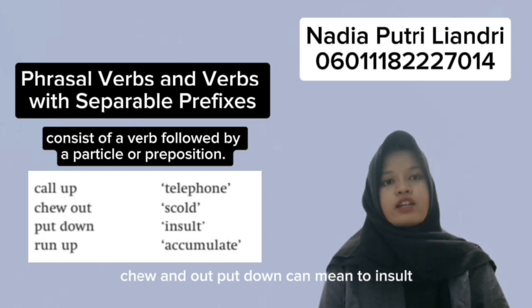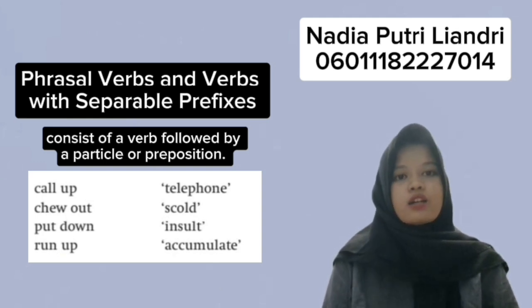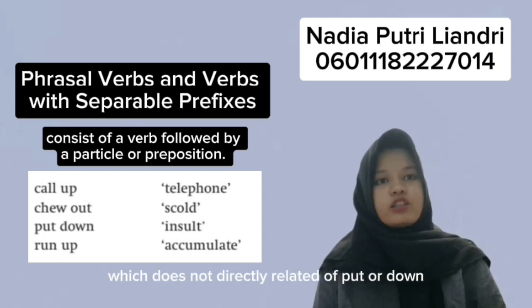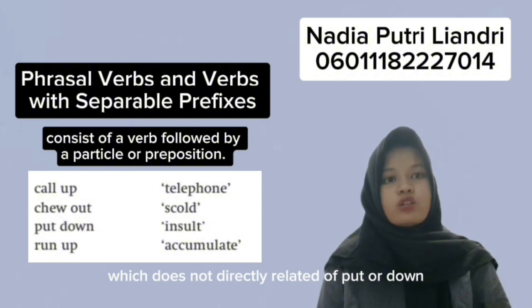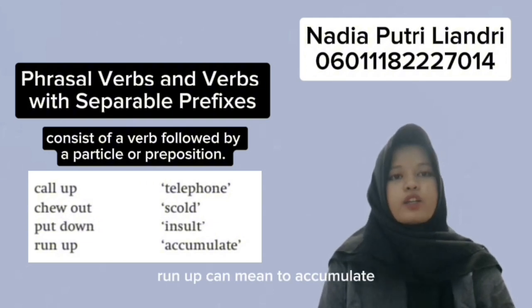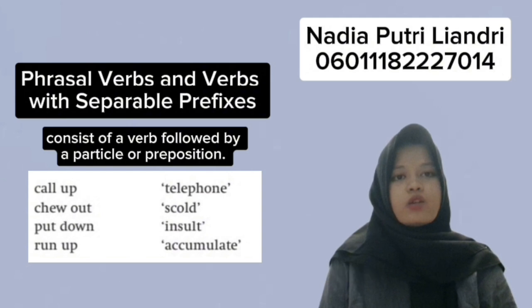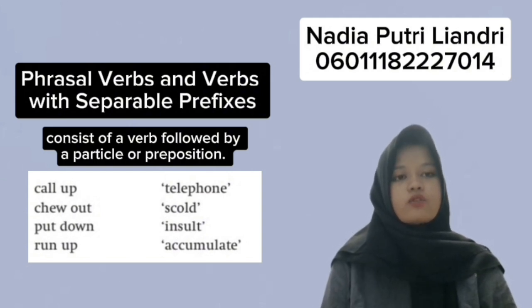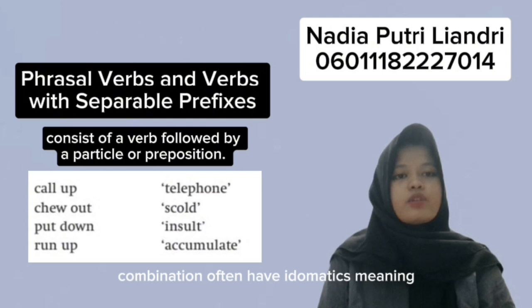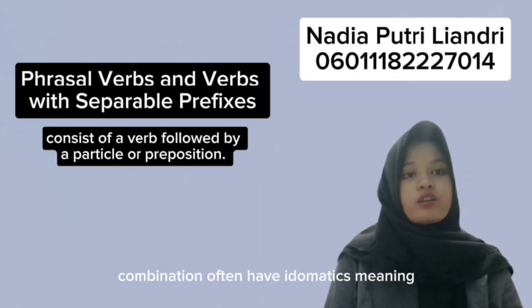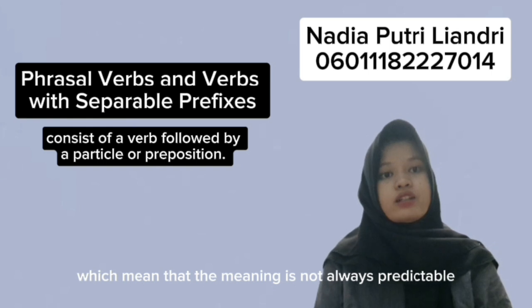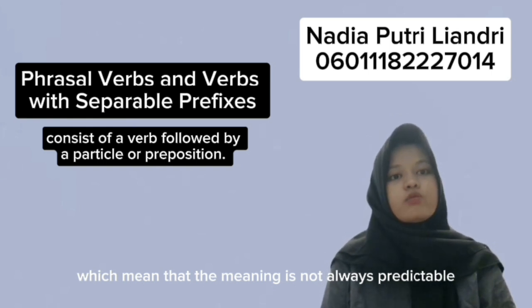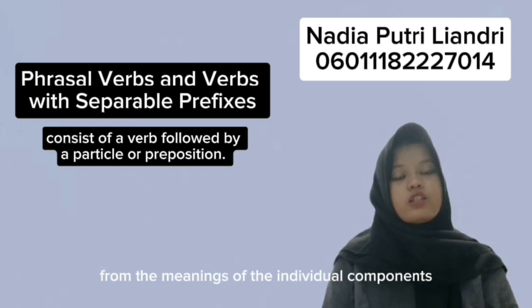"Put down" can mean to insult, and "run up" can mean to accumulate. Combinations often have idiomatic meaning, which means that their meaning is not always predictable from the meanings of the individual components.